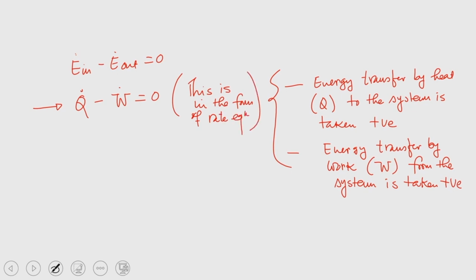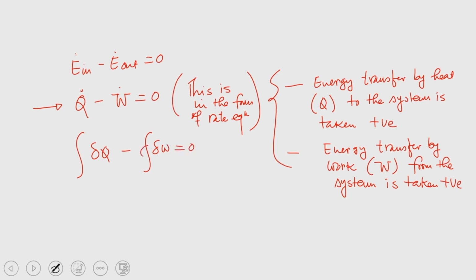So, what will be the total? If we integrate it over the cycle over time, then we will get the total. So, we write delta Q minus delta W equal to 0.